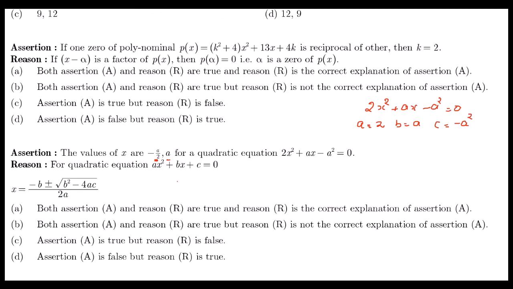The reason we are given is that for the quadratic equation ax square plus bx plus c is equal to 0, x is equal to this one, right? So we will use this formula, that is x is equal to minus b. Minus b means minus a, that is minus a plus or minus root of b square. B is equal to a, so b square is a square.